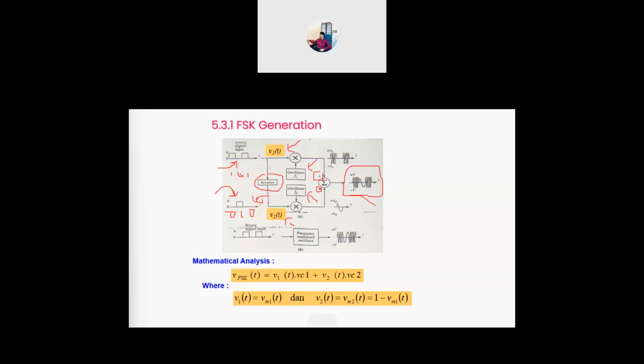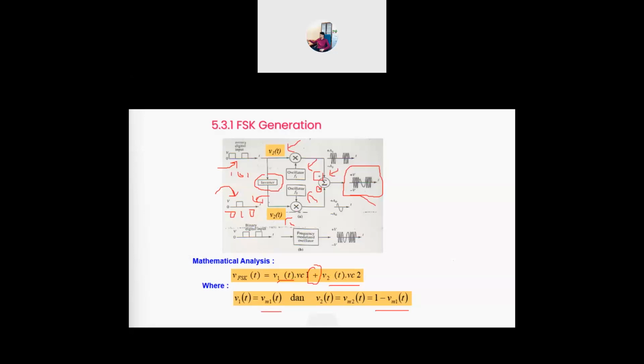This is logical, right? Because this one is coming from the positive here, and the rest is just multiplications of what you have. V1 is VM1(t), and V2 is the inversion of VM(t).